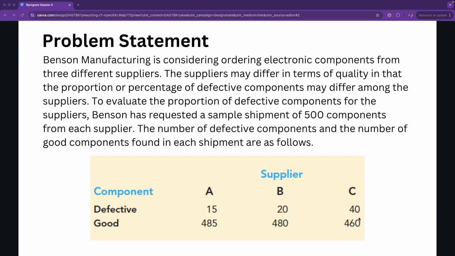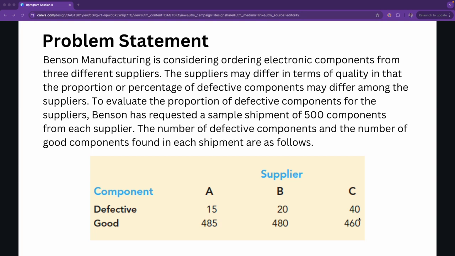So in this case, we can see that supplier C has a lot of electronic components that are defective. That's definitely not good for business, right? And whatever these components are going to be put into for the final product, you don't want to give your final consumers a product that has a lot of quality issues and defects in them.